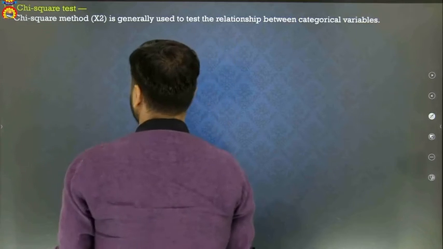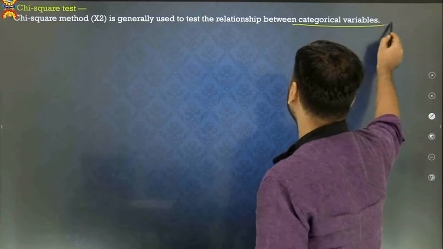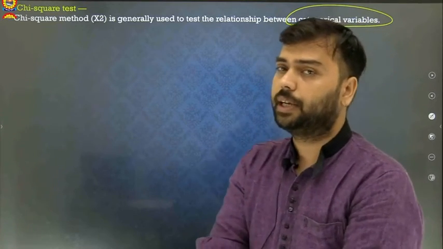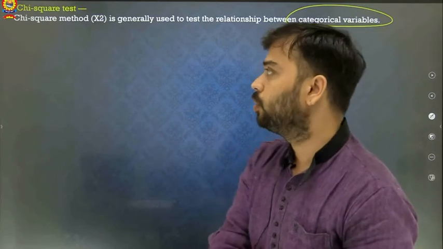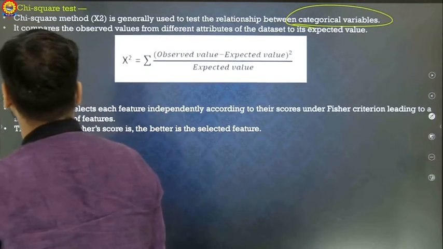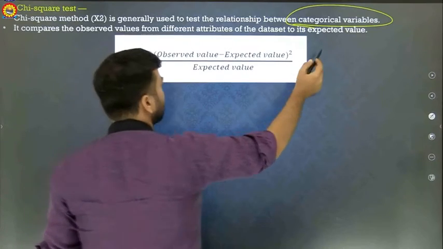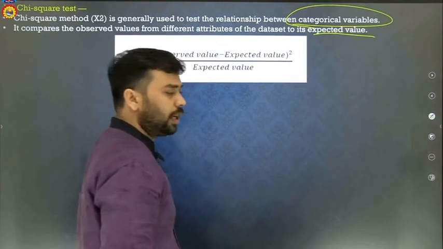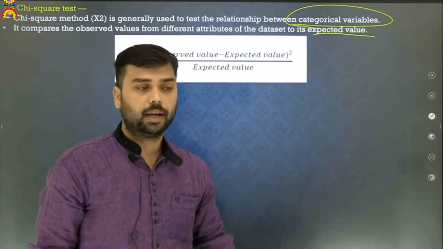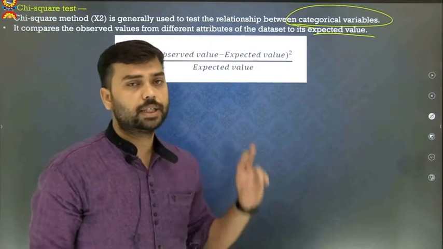The chi-square method is generally used to test the relationship between categorical variables. So for checking the relationship between two categorical variables, we use the chi-square test. It compares the observed values from the different attributes of the data set to their expected values. Okay, so which values are compared? The different values of the attribute and what will be the expected value of that particular attribute. Those two things are compared in the chi-square method.